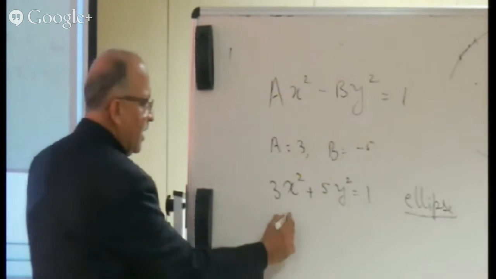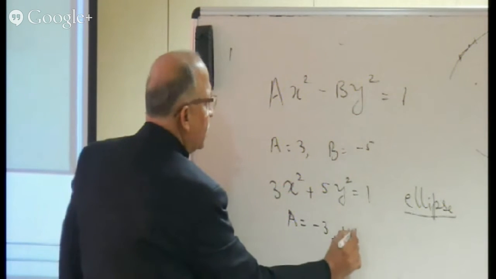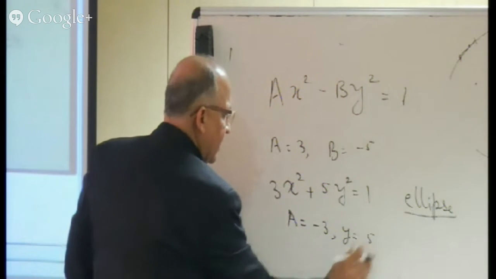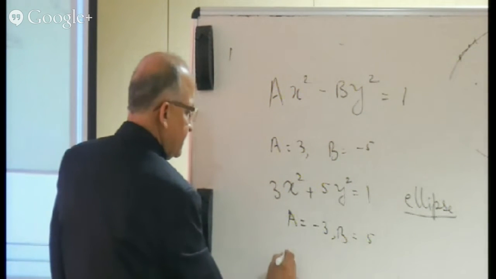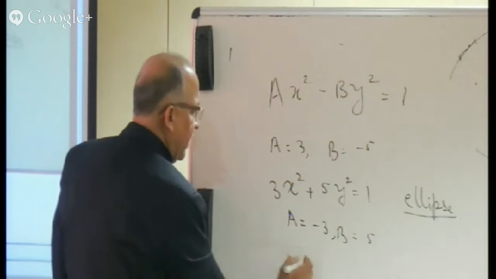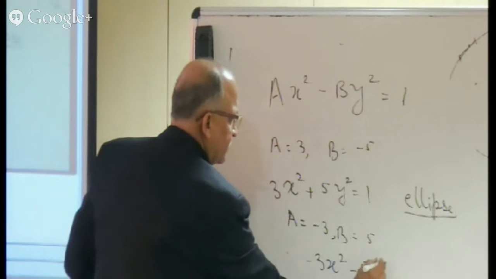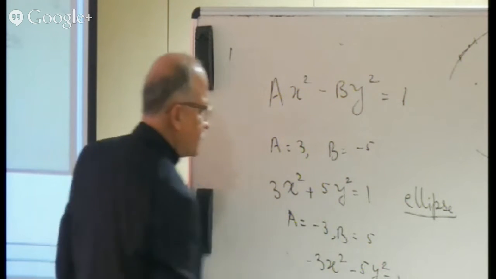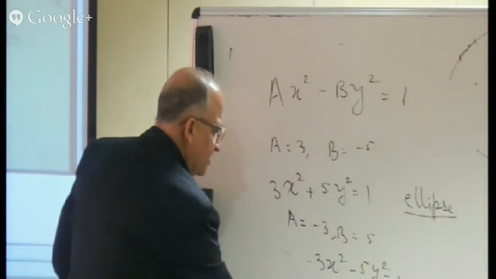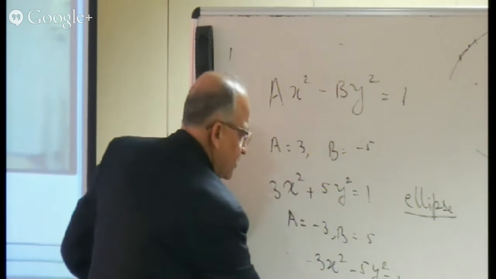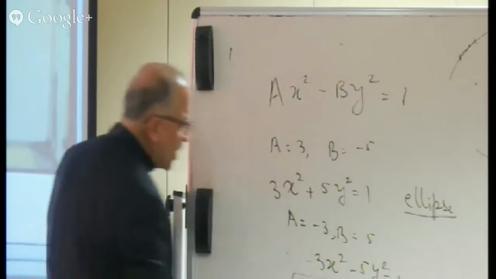Suppose I give some other value. a is equal to minus 3, b is equal to 5, say. What do you get? It gives you minus 3x square minus 5y square equal to 1, that is, 3x square plus 5y square equals minus 1. What is this equation?